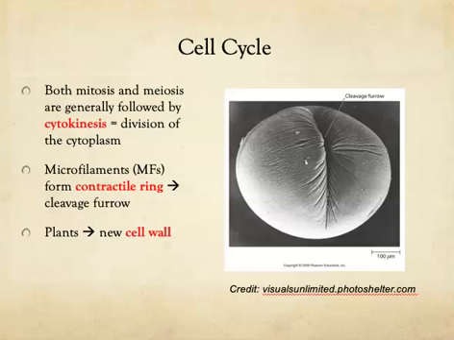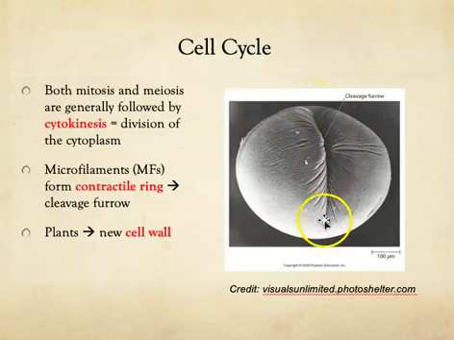Both mitosis and meiosis are followed by this cytokinesis. Again, cyto translates as cell, kinesis translates as movement. When early scientists were watching cell division under the microscope, they noticed that at the end of mitosis and at the end of each division of meiosis, the cytoplasm started to move and a line of division appeared.